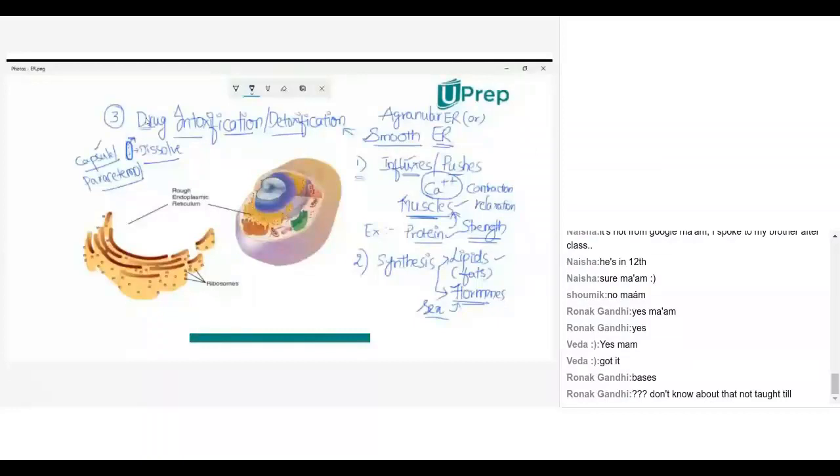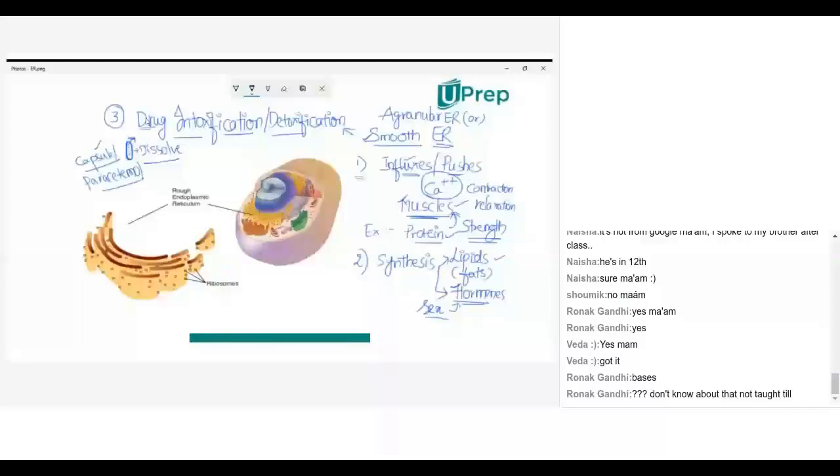We call OH the hydroxyl group. So the smooth endoplasmic reticulum will add the hydroxyl group to the drug which we have taken, either the capsule or the tablet. So what happens? It increases the solubility of the drug.